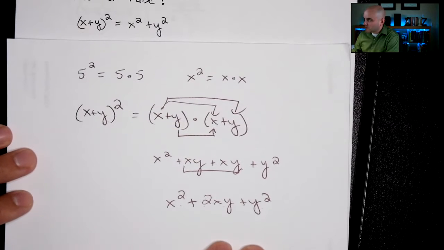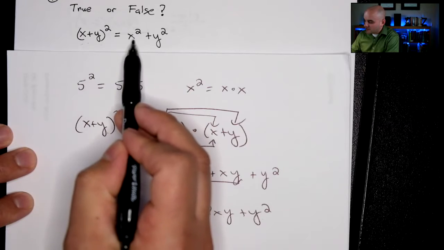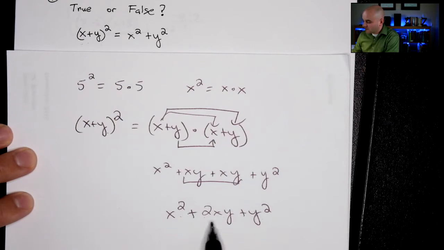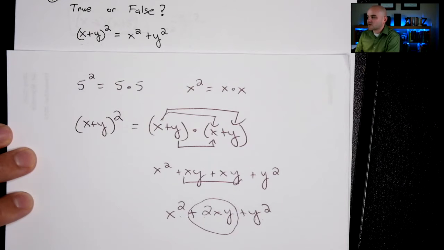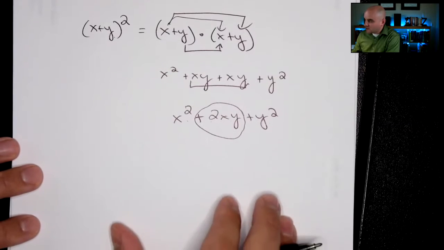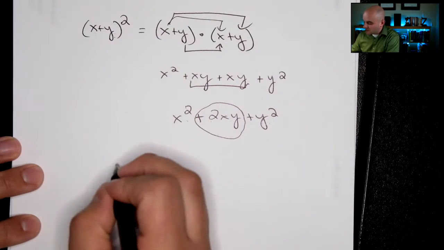Now look back up to what we were looking at. We said true or false, is x plus y squared equal to x squared plus y squared? No, it's not. And the difference here is we have an extra 2xy there. Another way we can show this without showing it algebraically is to just actually put some numbers in. So let's choose the numbers 3 and 5.